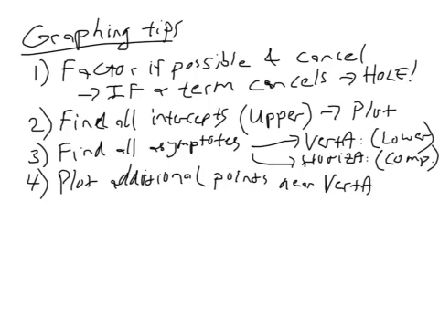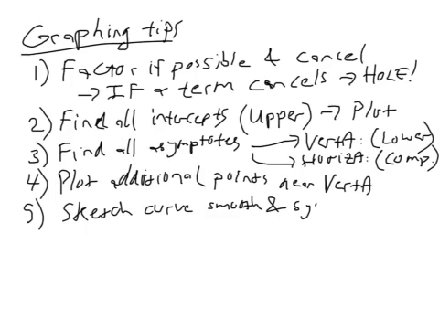And once you have that, you can sketch the other side, as I'm going to say here. Sketch the curve smooth and symmetric. So just sketch the other branch symmetrically to the first side. So that will get us going.